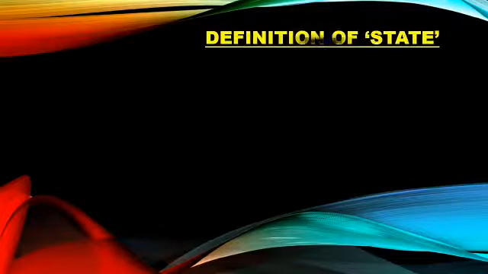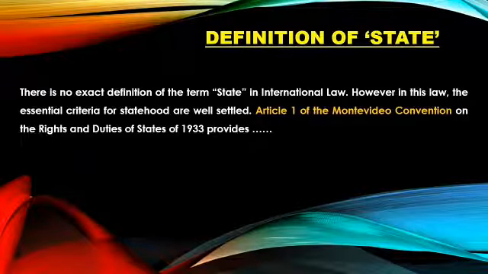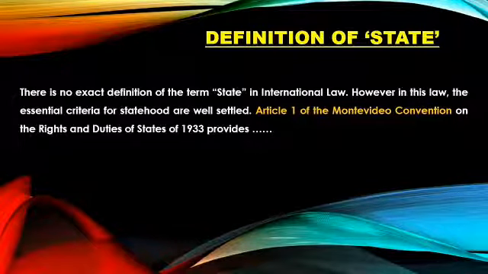However, the essential criteria for statehood are well settled, and Article 1 of the Montevideo Convention on the Rights and Duties of States in 1933 provides some qualifications regarding the state, as you may see on the slide.